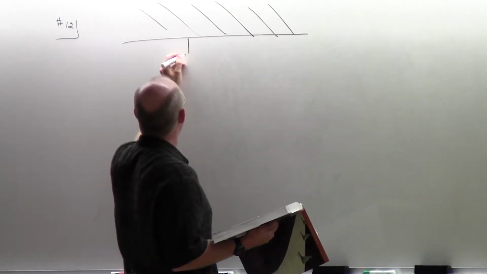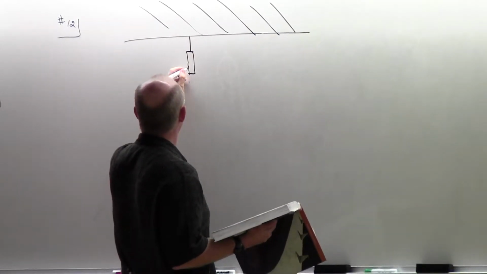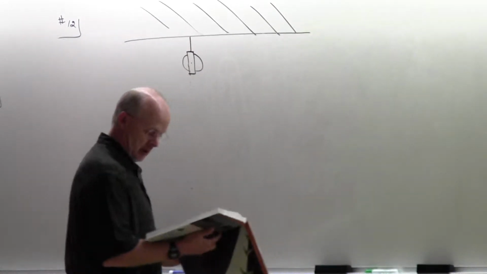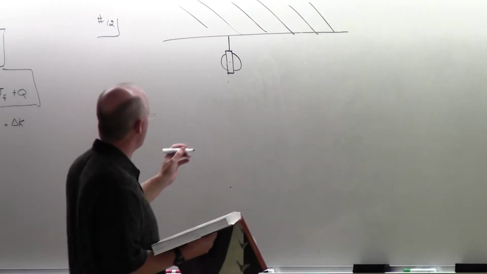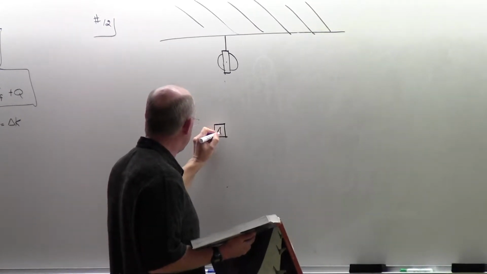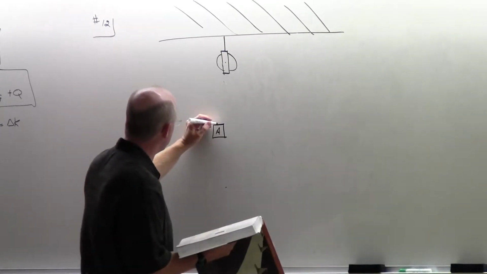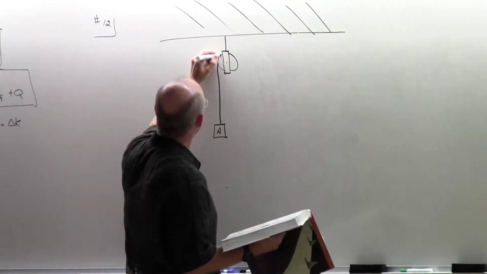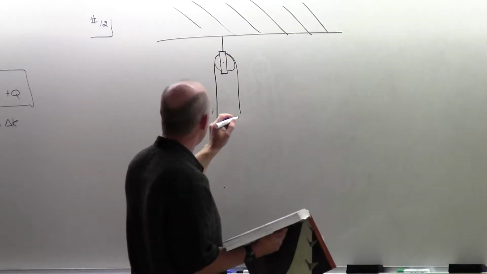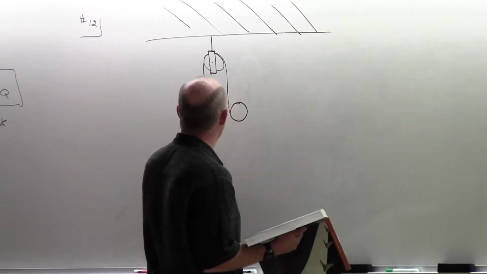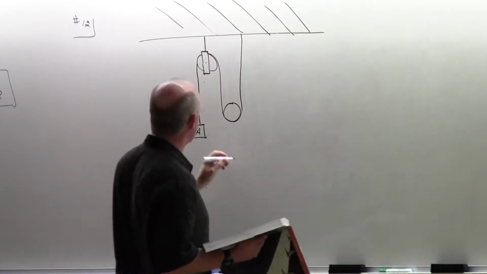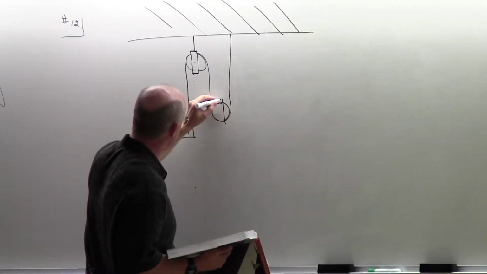And then they hang a pulley, so that pulley can't move. But then they put a block, and I'll call it block A, or they call it block A. And then the string goes over the pulley and around another pulley and ties back to the ceiling.